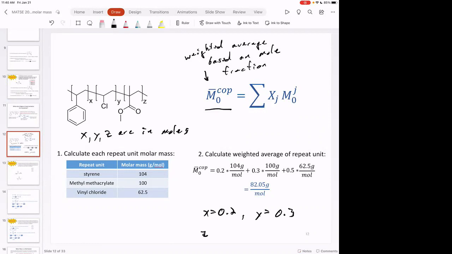Z equals 0.5. What's the magic thing about mole fractions? What do they all add to? 1. Same with mass fractions, and so you know you can't be wrong if you can add them up to 1. This must be an orphaned slide, but I would have to tell you that, or I would have to tell you the weight fraction, and you'd have to calculate the mole fraction like you have to do in the homework too.